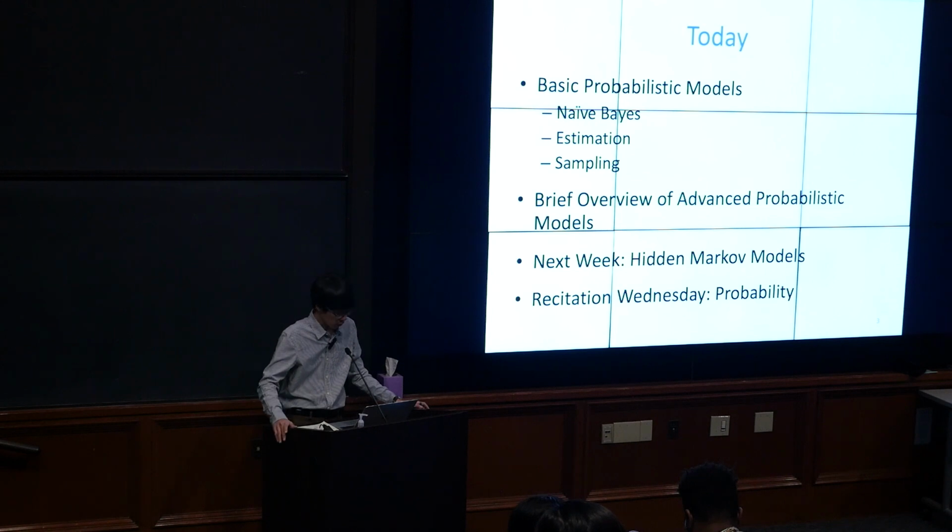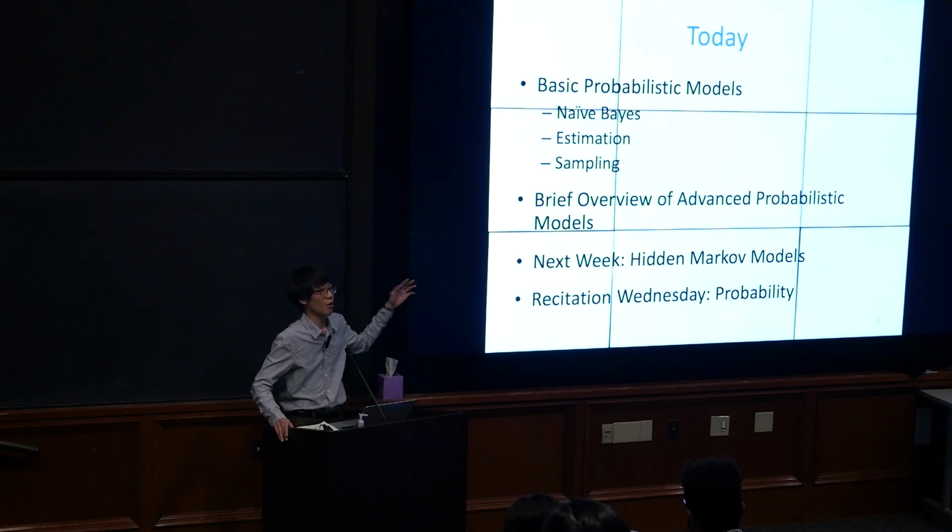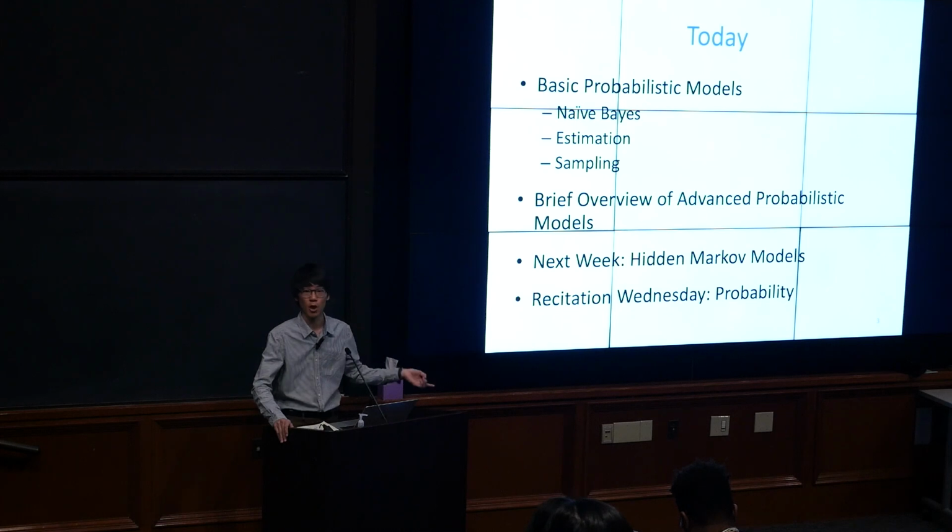And then, like I said before, the next couple lectures will really dive into hidden Markov models to see how we can apply that. There's also a probability recitation on Wednesday, and the litmus test as to whether you should go there or not is: I'm going to go through a lot of probability equations, and if you find yourself losing the thread or not understanding how I made the jump from one to the next, you might want to go to the probability recitation just to brush up, right?